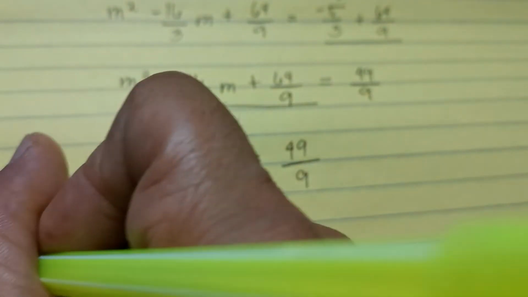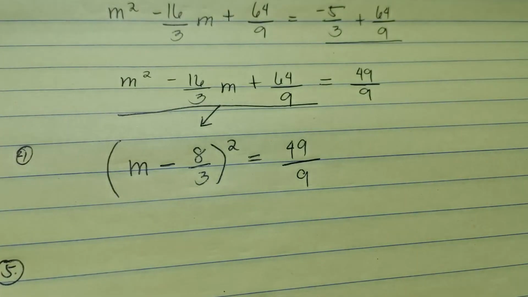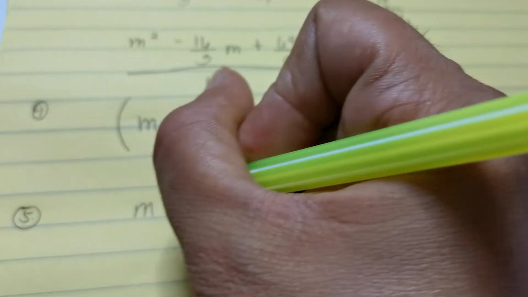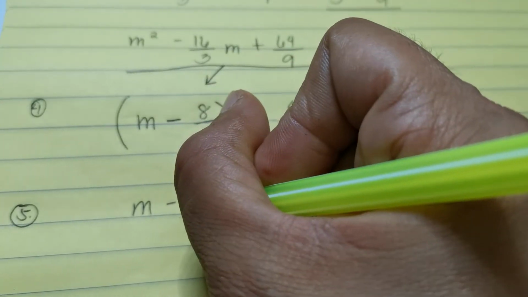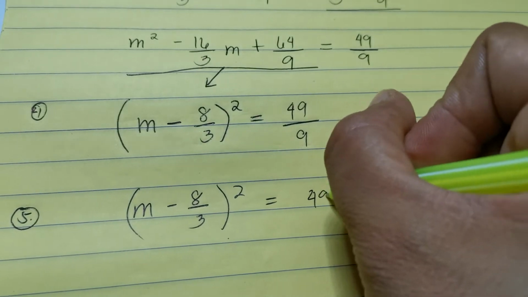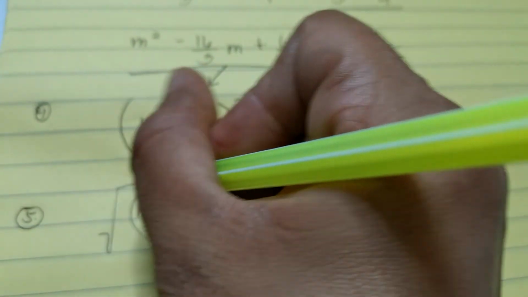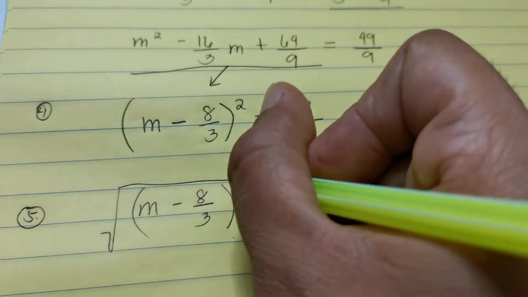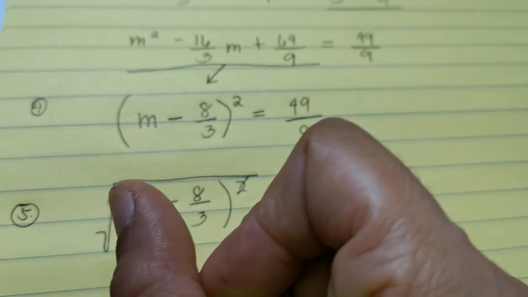Step number 5, we are going to extract the root of both sides to get the values of m, or the solutions of our equation. So the quantity m minus 8 over 3, squared, equals 49 over 9. Extract the root, so we cancel the square.